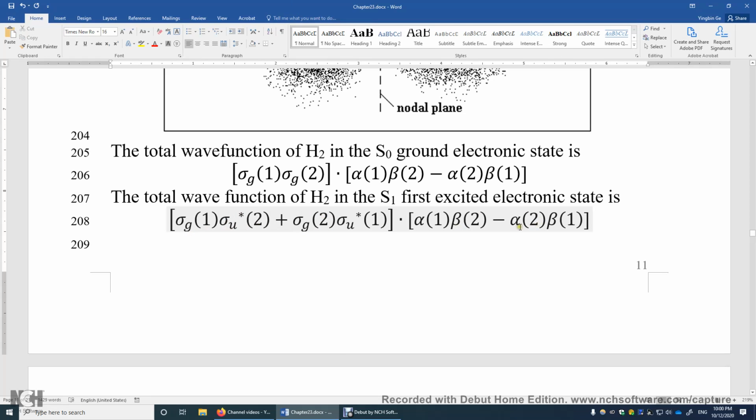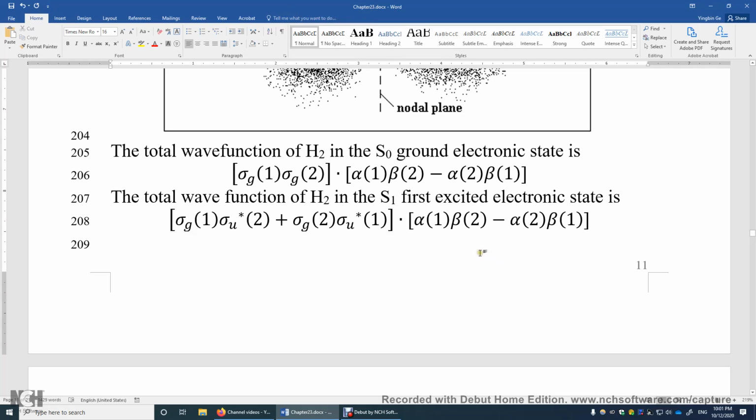How about this part? Well, it's easy. If you change this negative sign to a positive sign, then you get a symmetric spin wave function. But T1 means triplet first excited state. So you should be able to write 3 of them.